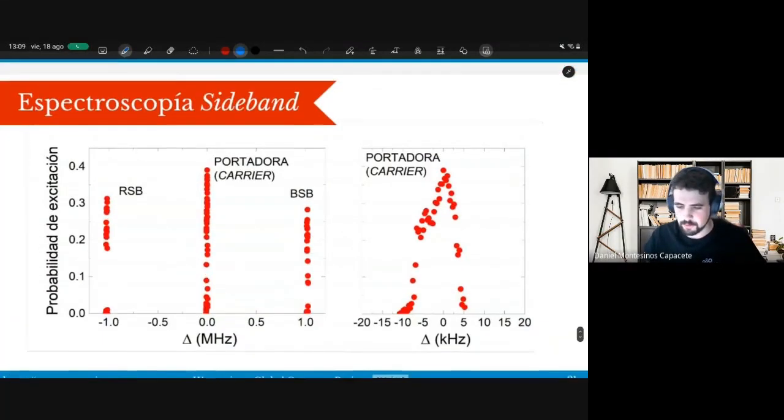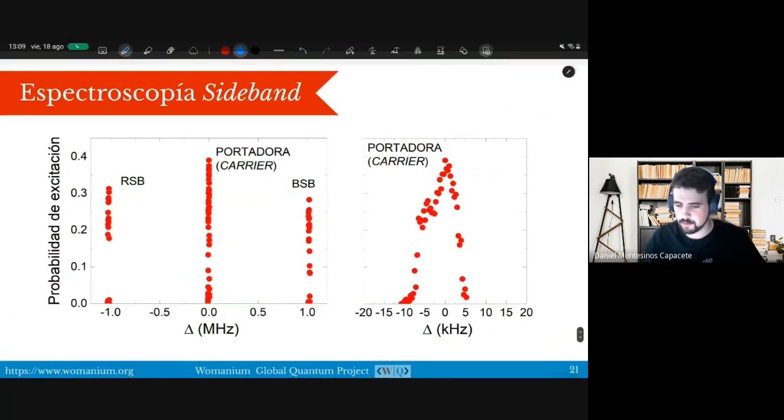Finally, we have some results here. Maybe I'm not going to... Oh, I didn't even translate it. This is a sideband spectroscopy, right? So sideband spectroscopy is just trying to remember the tuning.